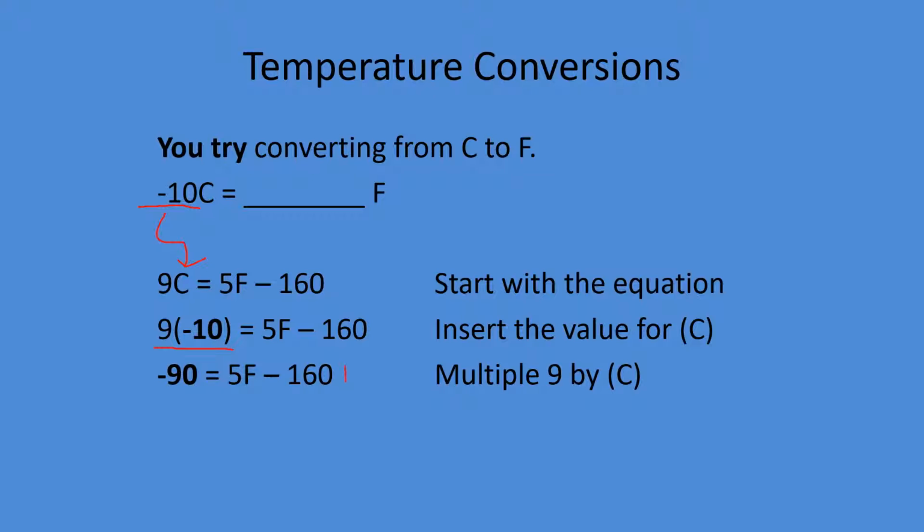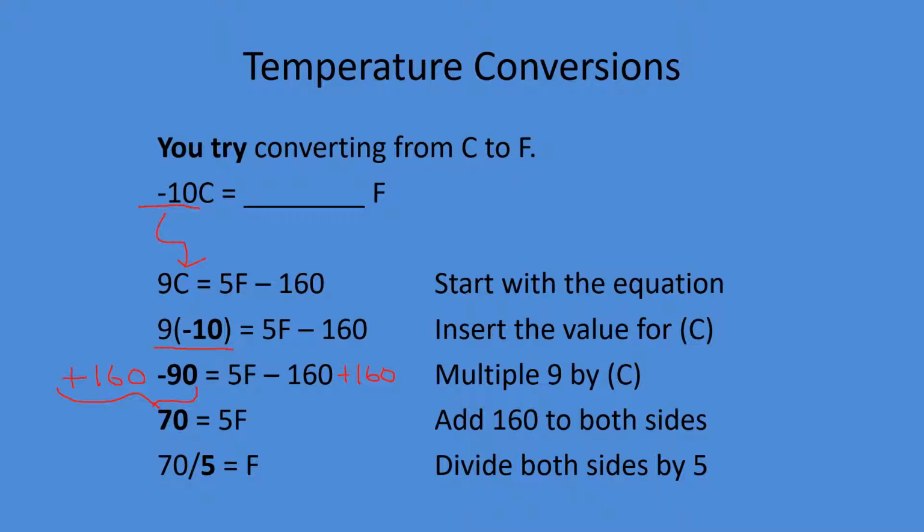But remember, we're going to add 160 to this side. We have to add 160 to this side. So 160 minus 90, well, this becomes a positive number. So if you're going negative 10 Celsius, it's actually 14, which is freezing, right?